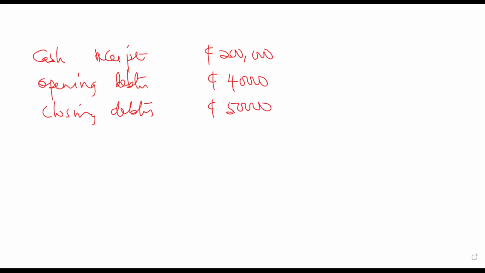Since we are starting with profit, we are using the indirect method. The actual cash received for the year that should be entered in the cash book is 200,000. But we didn't use the cash receipt before getting the profit. We use sales, we use revenue.